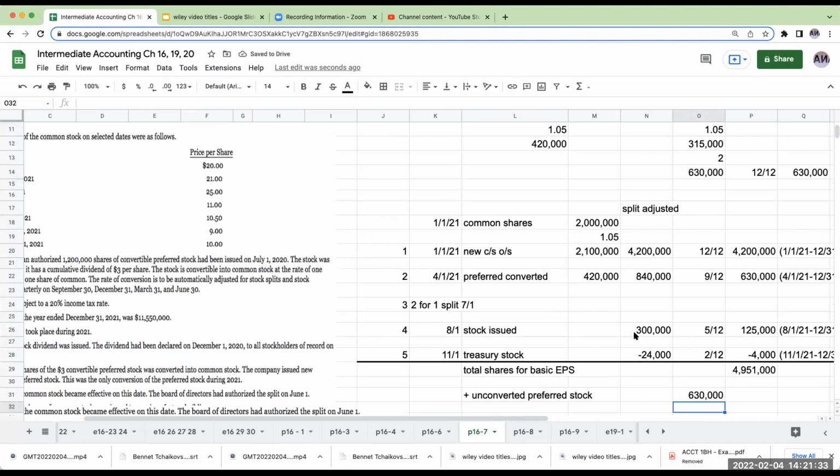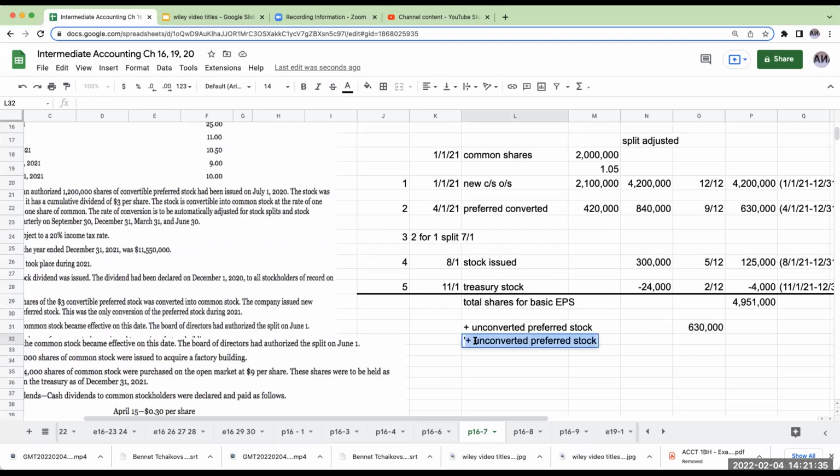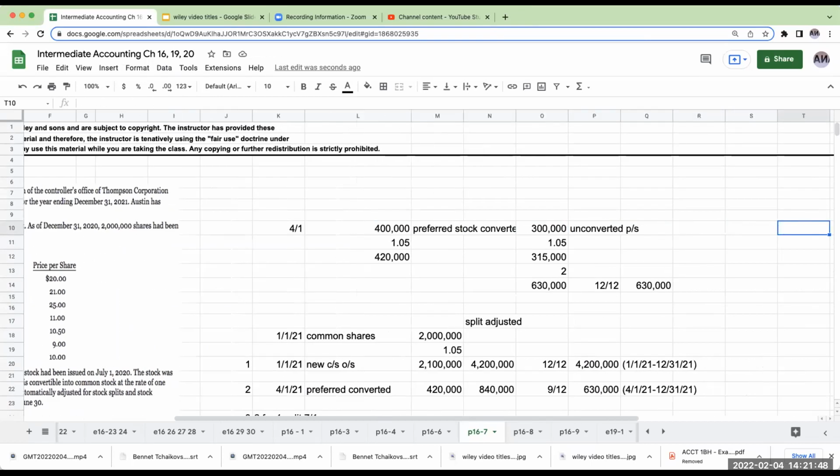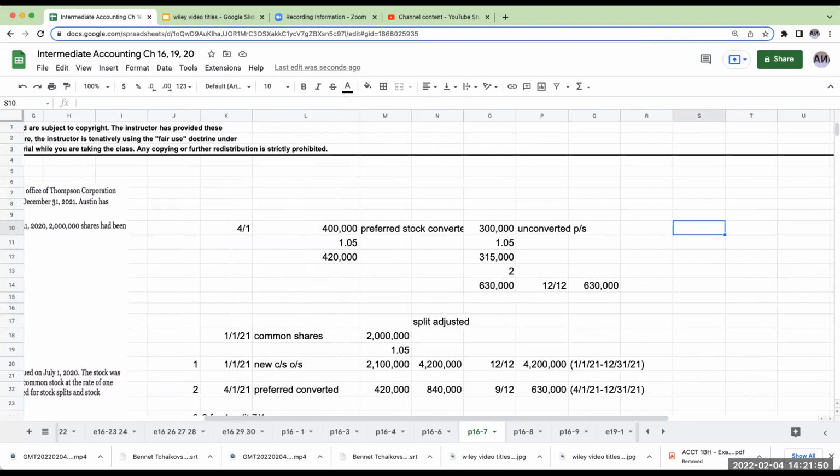Now, for the other part of this, we have our converted preferred stock from 1/1 to 3/31, or the 3 months that it was outstanding, but yet unconverted. So over here, we're going to have 420,000 times 2, which is going to give us 840.